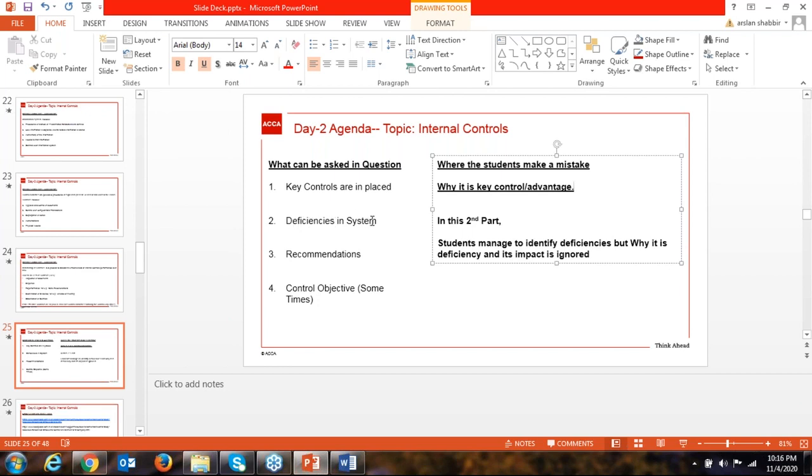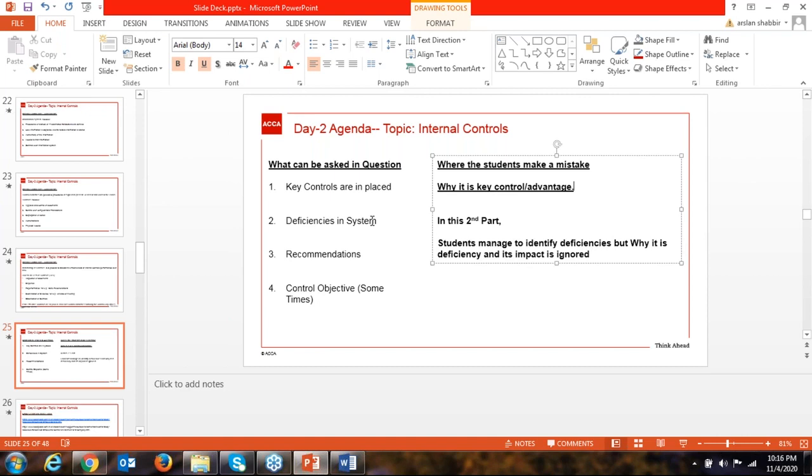The other thing the examiner can ask in the coming attempt is deficiencies in system. Sometimes, even always, you need to identify from the question where these deficiencies in the system are. Suppose the examiner gives you in the case study that there is only one person who is responsible for all the purchases. This is a deficiency in the system.